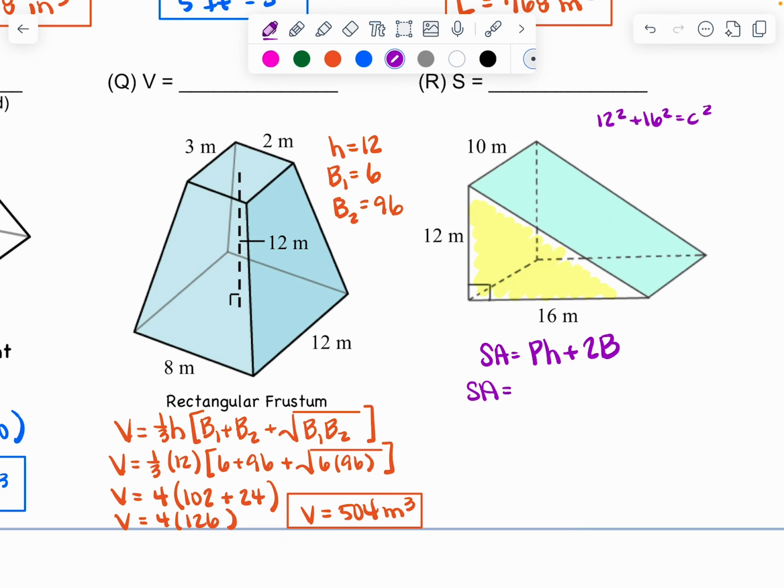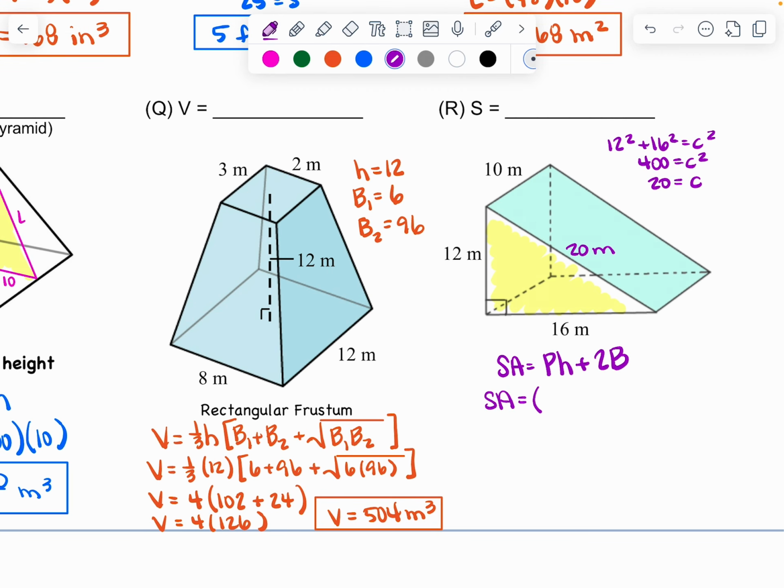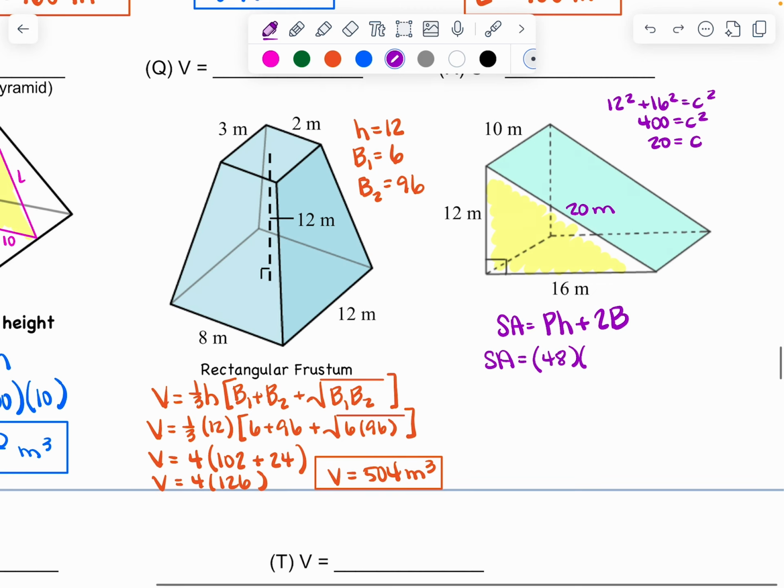Or you could recognize that it's a 3, 4, 5 Pythagorean triple that's been quadrupled, right? And so we're going to get 400. So clearly the C is 20, which makes perfect sense because that's the 5 that's been quadrupled. So now I can fill in the capital P. The perimeter of my base is what, 48?